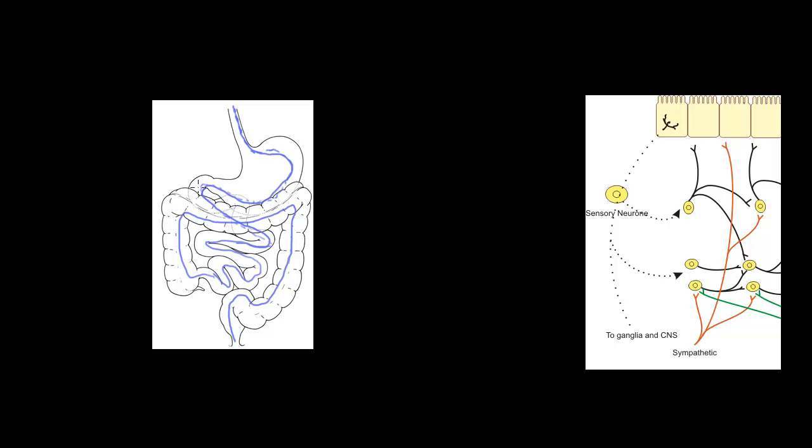The submucosal plexus starts at the duodenum, right after the pylorus of the stomach, which is where the food exits the stomach and enters the duodenum, the beginning of the intestine. It starts at the intestine and then goes down, following the tract. This is the pattern.